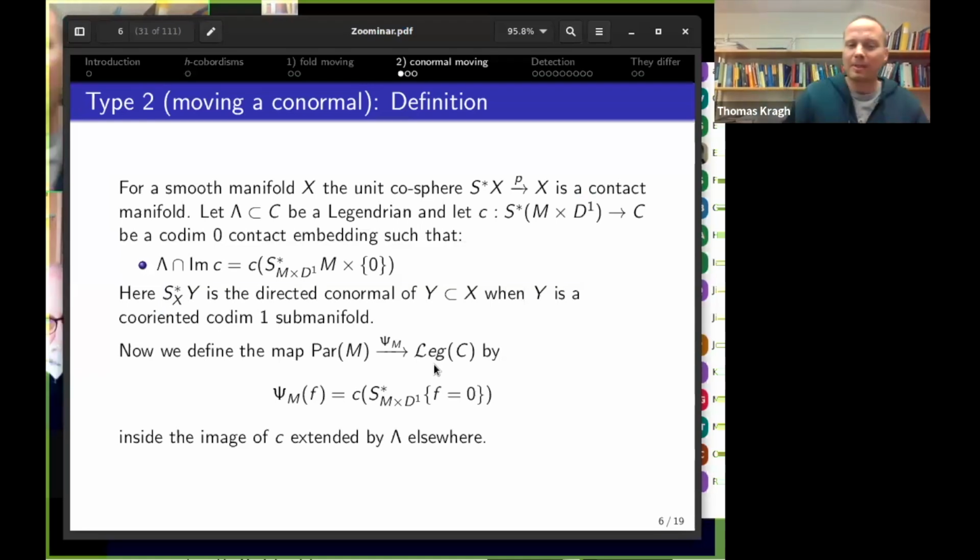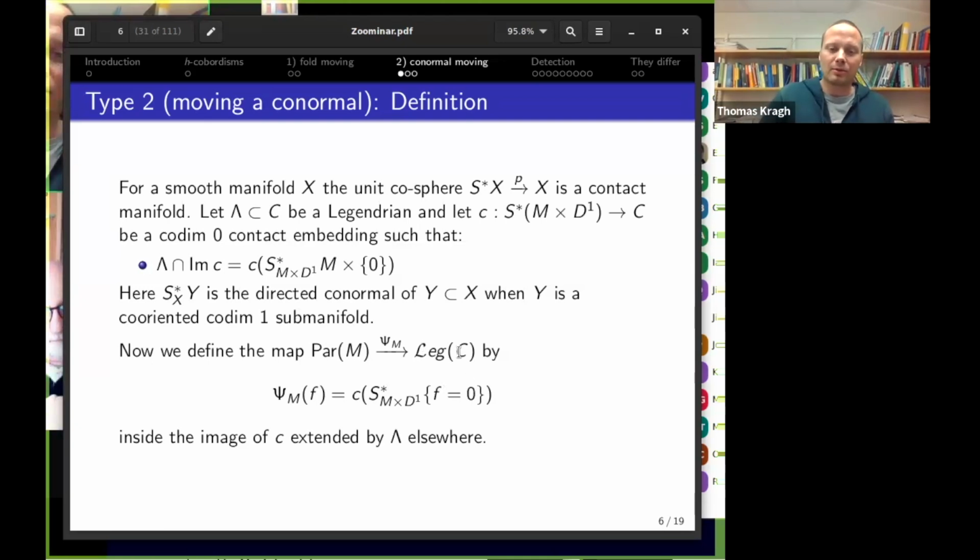Now we can define a map again, and this is pretty easy. It's actually easier to define than the other one. And as I said in the beginning, we thought they were the same. That was wrong. We define from partitions of M, meaning functions that give you this cobordism, or this end of a cobordism, which is maybe the most important part, where the function is 0.